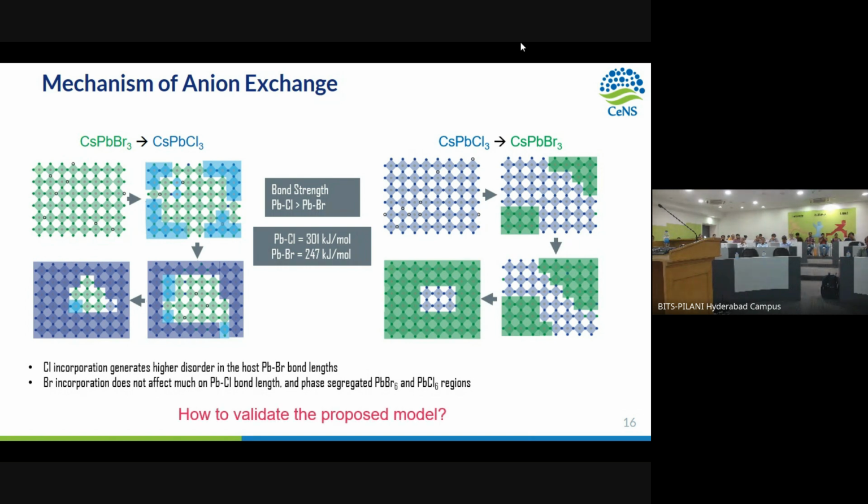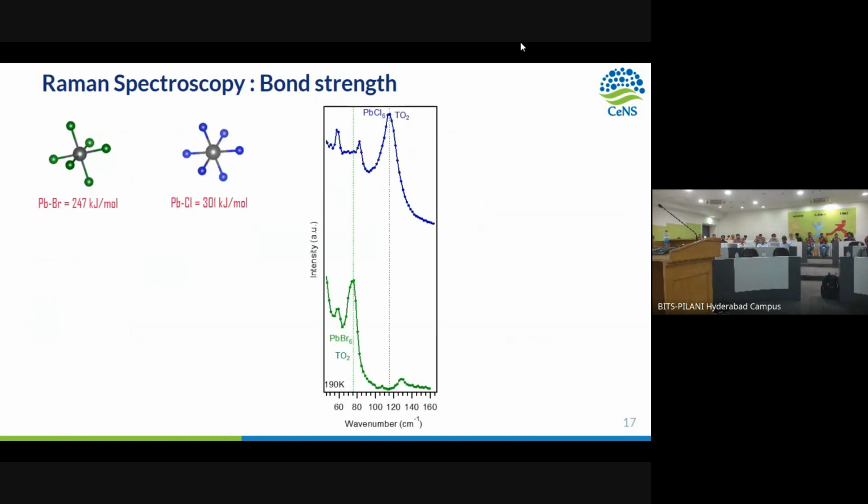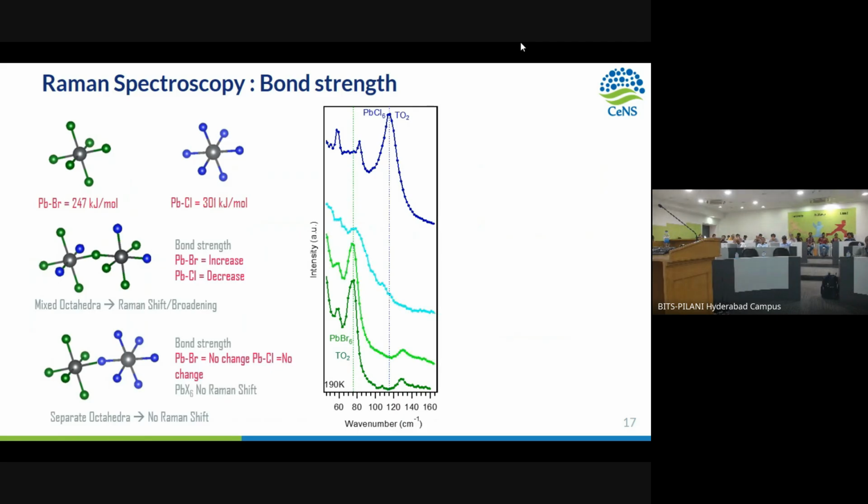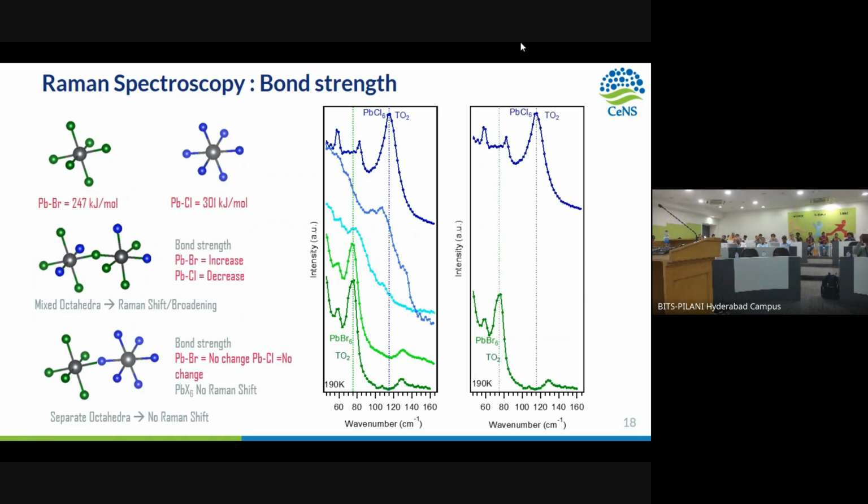And this is also something we are trying to validate from Raman spectroscopy. As of now, the experiments which we did at 190 Kelvin for these two systems show that there is no continuous shift from PbBr to PbCl. These are the TO2 bending mode of the PbX6 octahedra we are talking about.